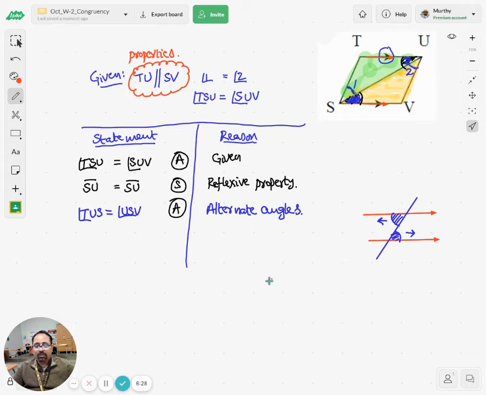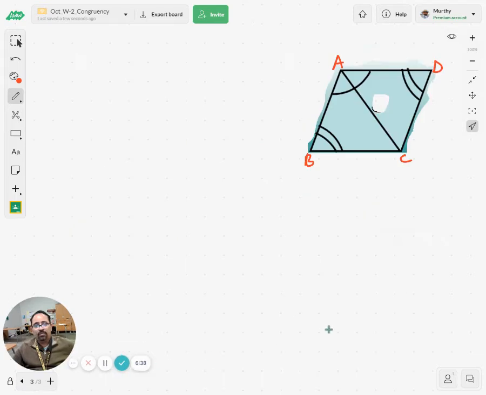Okay. Again, let me take another question. In that we'll discuss how SAS and ASA, these two are the same. Okay, in this example, you can see that the symbols are marked.